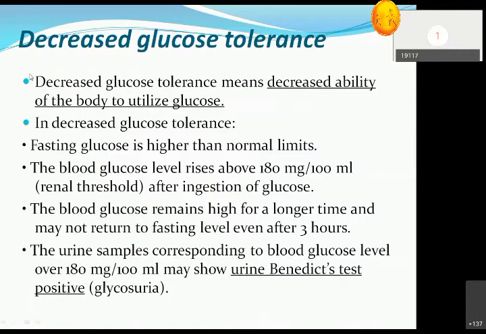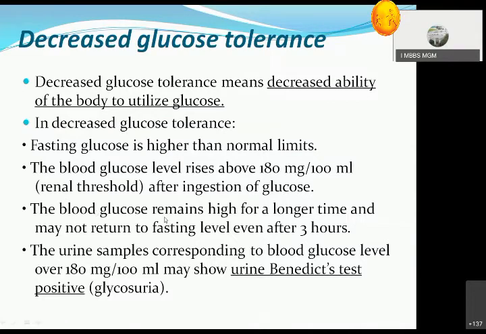Next is decreased glucose tolerance. Decreased glucose tolerance means decreased ability of the body to utilize glucose. In decreased glucose tolerance, fasting glucose is higher than the normal limit. The blood glucose level rises above 180 milligram per 100 ml, that is above the renal threshold, after ingestion of glucose.